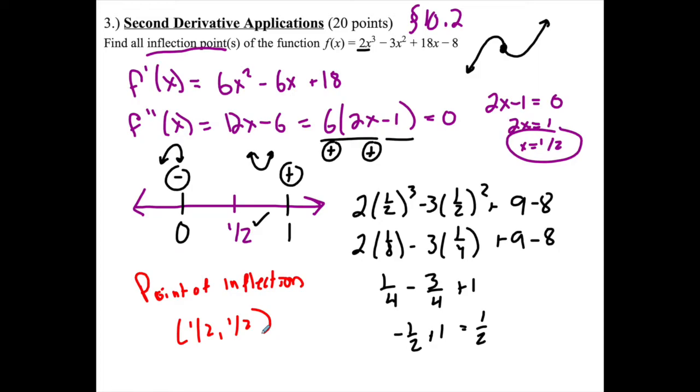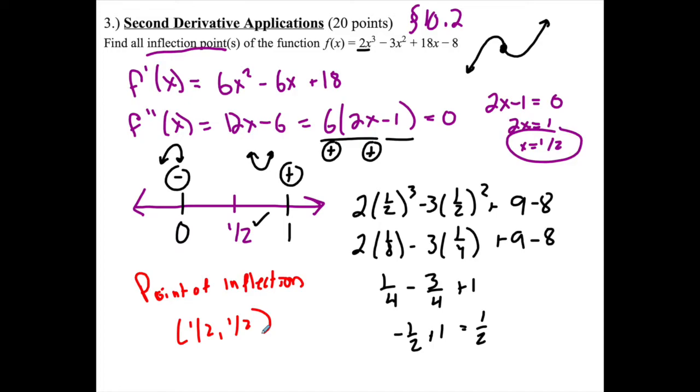Okay, so in terms of credit, if you were able to do both derivatives, that's worth points, if you did them correctly. If you could make them 0 and find the x, that's worth some more points. If you plug it in and get the x and the y, that's also worth points. But you cannot get full credit unless you've given me some definitive proof that that is in fact a point of inflection.